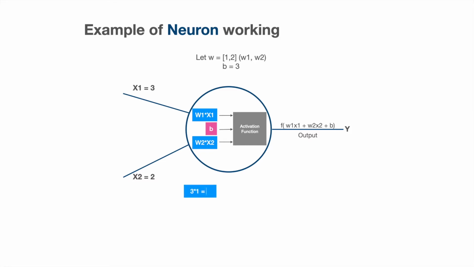W1 times x1 becomes 3 times 1 equals 3. W2 times x2 will become 2 times 2 equals 4. Bias is 3. These will be added and passed into a sigmoid function that will become sigmoid of 10, which will finally output the value 0.999954.